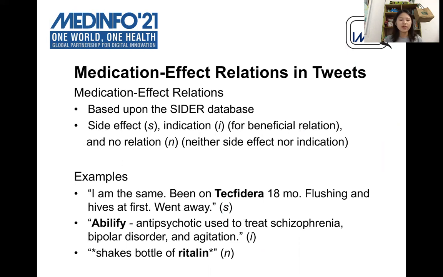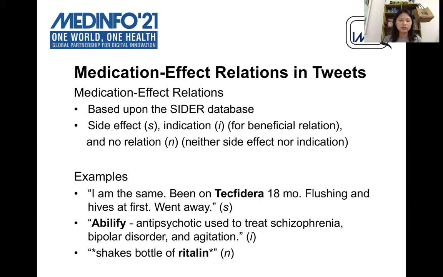In identifying relations in Twitter posts pertaining to medication effects, we define three types of relation between a medication and an effect expression based on the CIDR database. The CIDR database contains information on marketed medicines and their recorded adverse drug reactions.